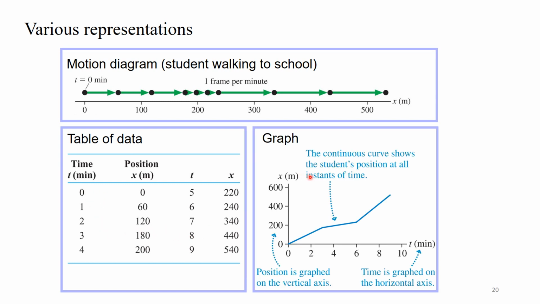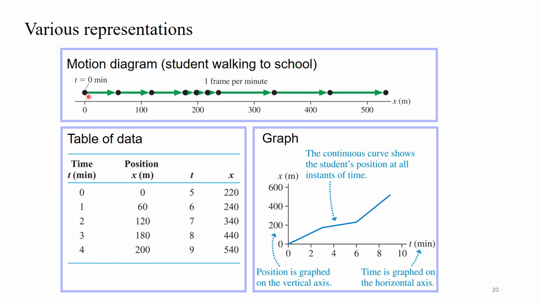So the third way is probably the best one that we have here, a graph. You draw a graph of position, x on the y-axis, time on the x-axis, and you draw a line or multiple lines to represent the position. All three representations here give you the same motion.